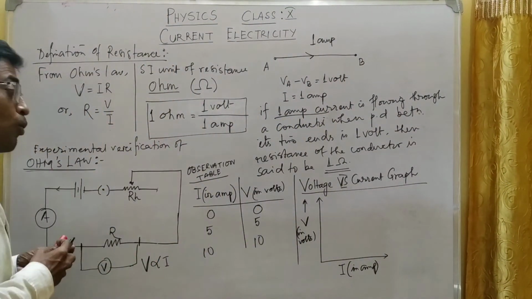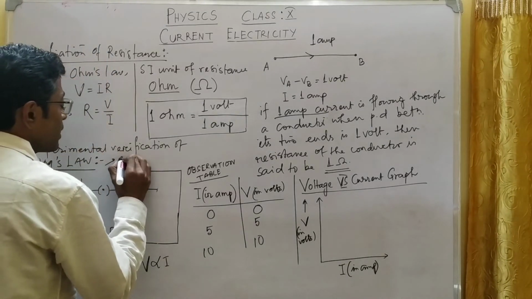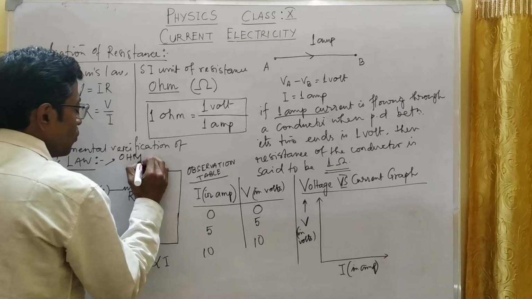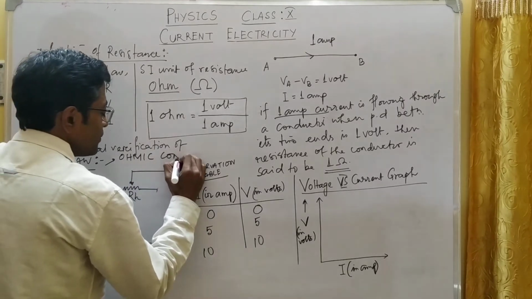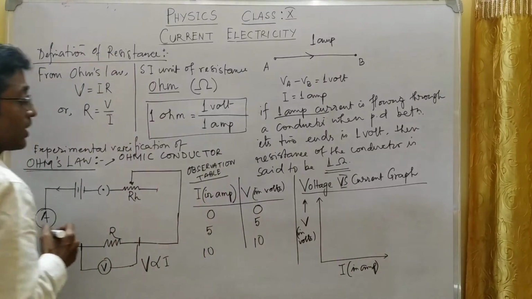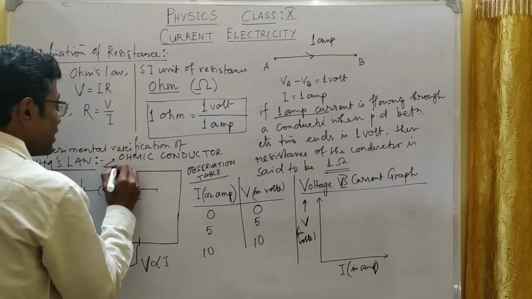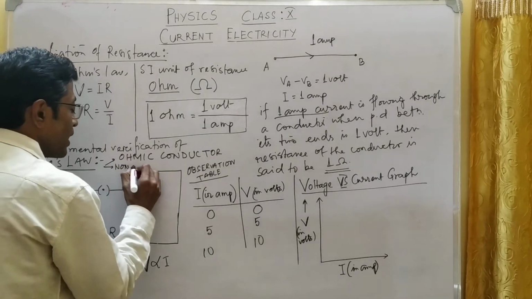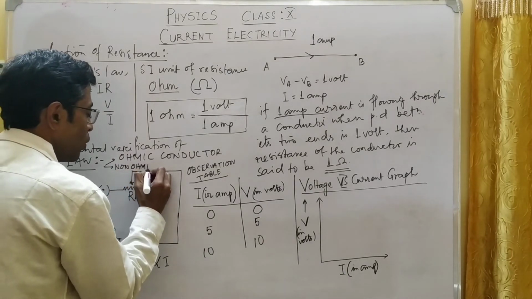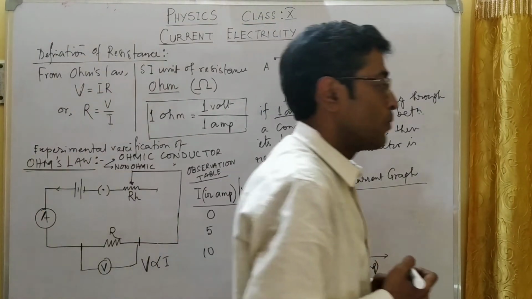One which obeys Ohm's law, that is called an ohmic conductor. What is an ohmic conductor? The conductor which obeys Ohm's law. And the other is the non-ohmic conductor, which does not obey Ohm's law.